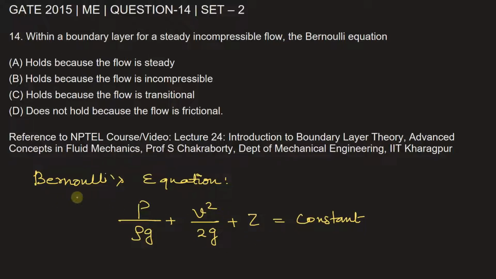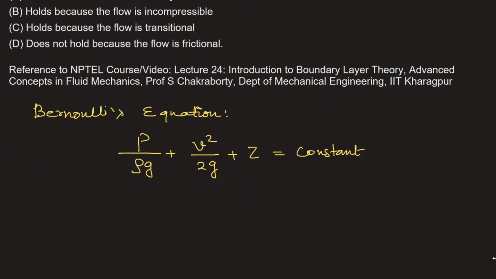We are just writing the simple Bernoulli equation. This Bernoulli equation can be derived from the Navier-Stokes equation with certain assumptions. The assumption in the Navier-Stokes equation to derive the Bernoulli equation is that the fluid is ideal.